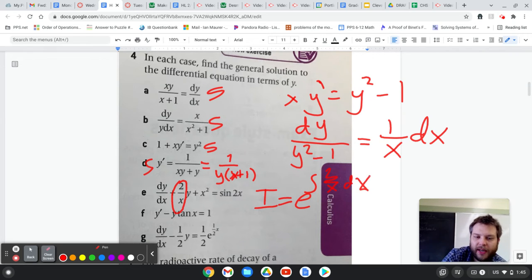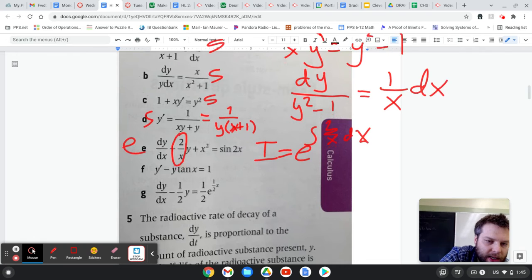And if you multiply everything by that, then you would get a product rule situation on the left side, and then on the right side you just have to integrate sine of 2x and x squared normally. So that one is an exact differential equation.